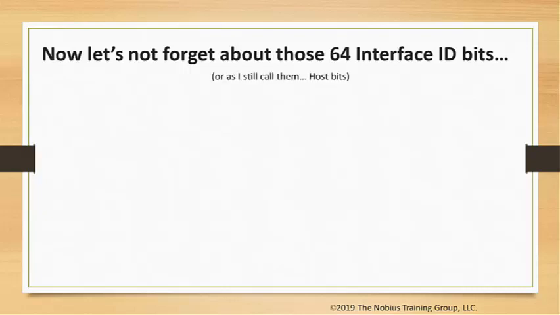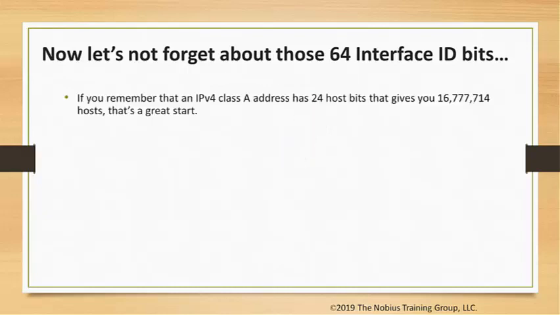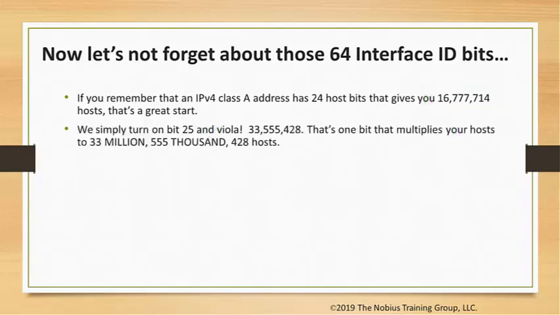But now, how about those 64 interface ID bits, or as I still call them, host bits? If you remember that an IPv4 Class A address has 24 host bits, that gives you 16,777,714 hosts. That's a great start. We simply turn on bit number 25 and voila.